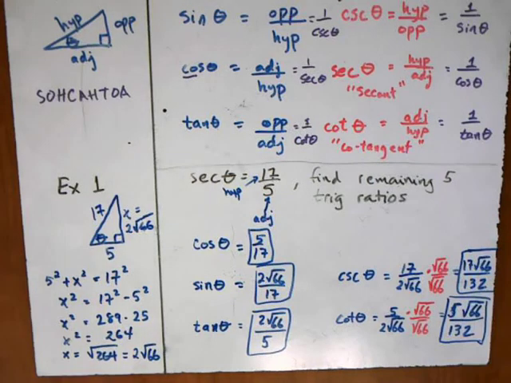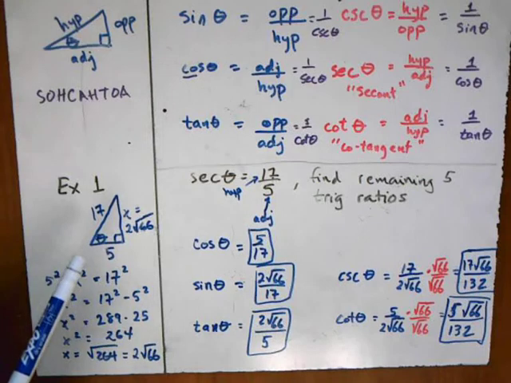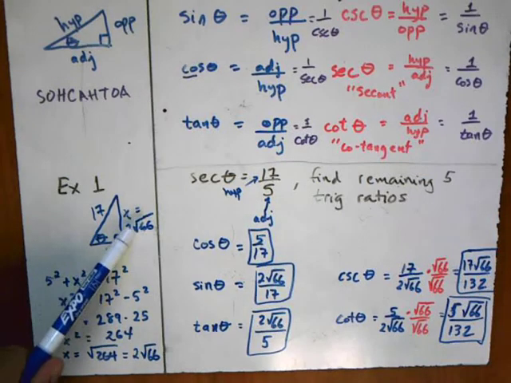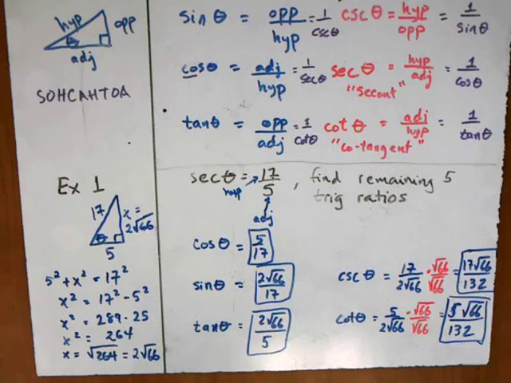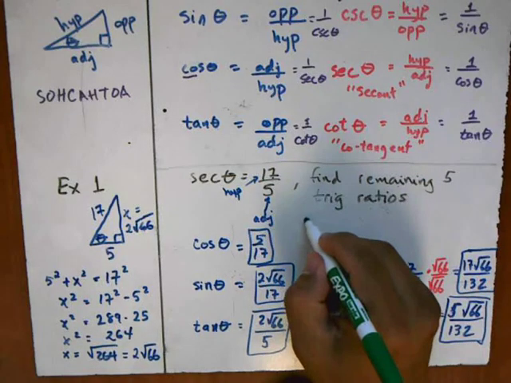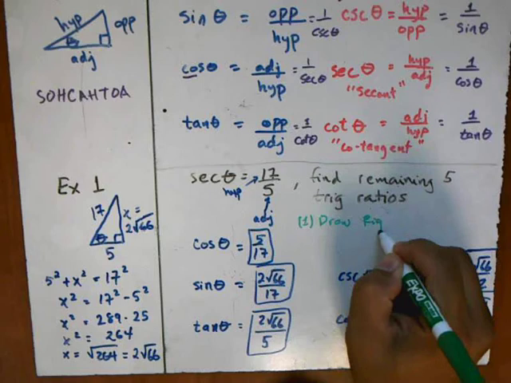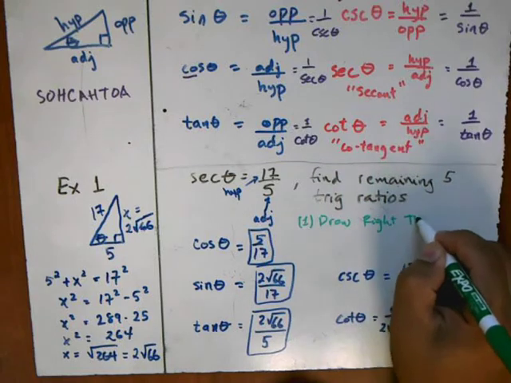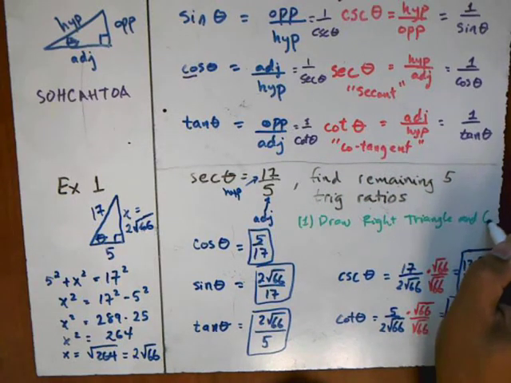And the main things to remember here is to draw the right triangle first. That's going to be a big help to you. Figure out the other side, and then use the picture to give yourself all of the ratios. And so let me just reiterate that again. To solve these types of problems, you need to first draw the right triangle and theta.